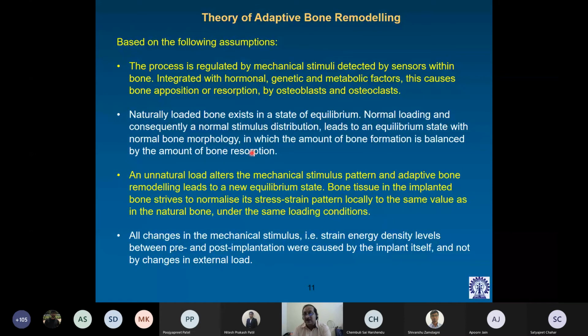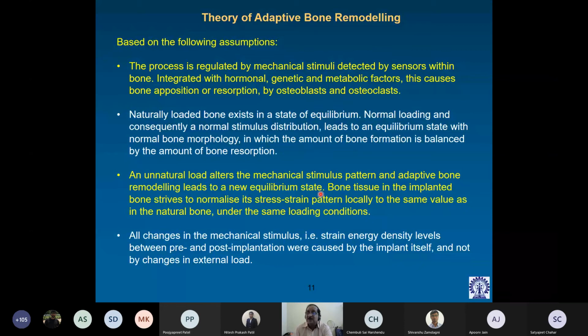Thereby, there is no net change in the bone structure in a normal situation. Unnatural loading alters the mechanical stimulus pattern, and adaptive bone remodeling leads to a new equilibrium state. So what happens if there is a change in the mechanical environment?